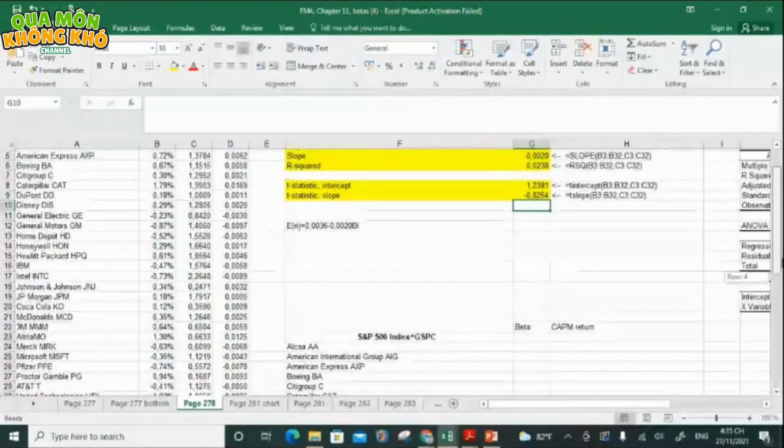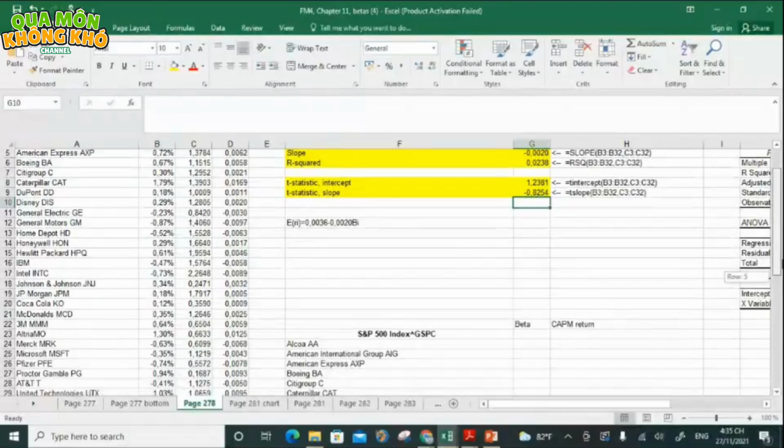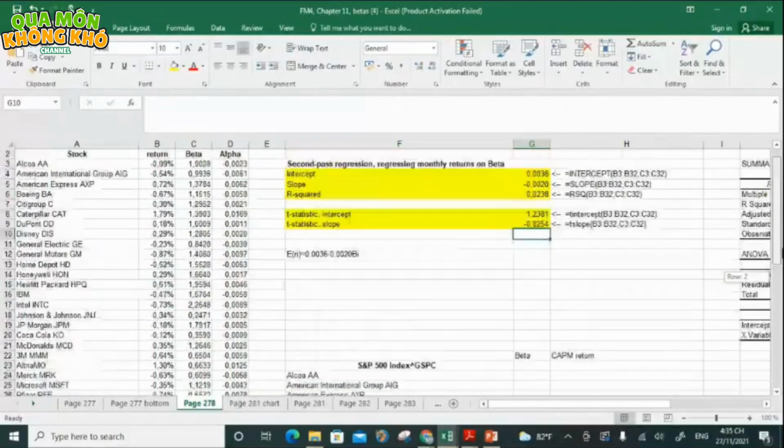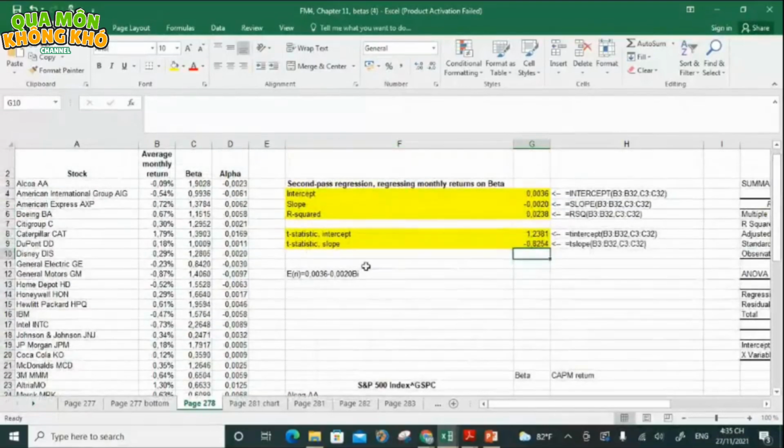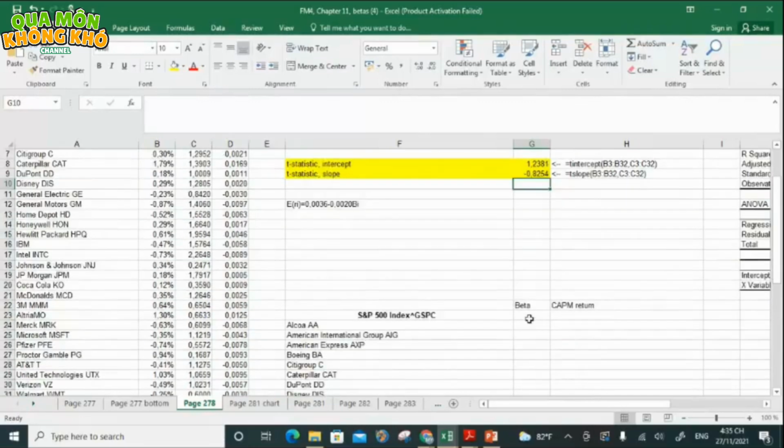So now I will try to graph the security market line based on the beta of the assets and the expected return, using the capital asset pricing model return. Here you have the beta.